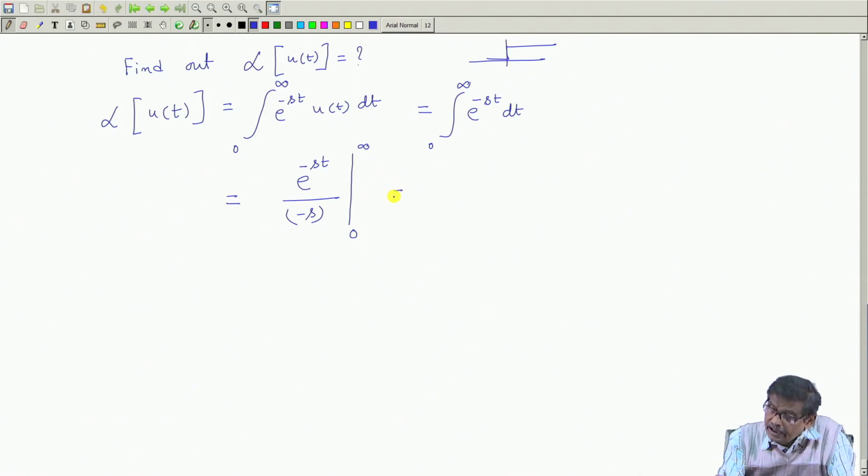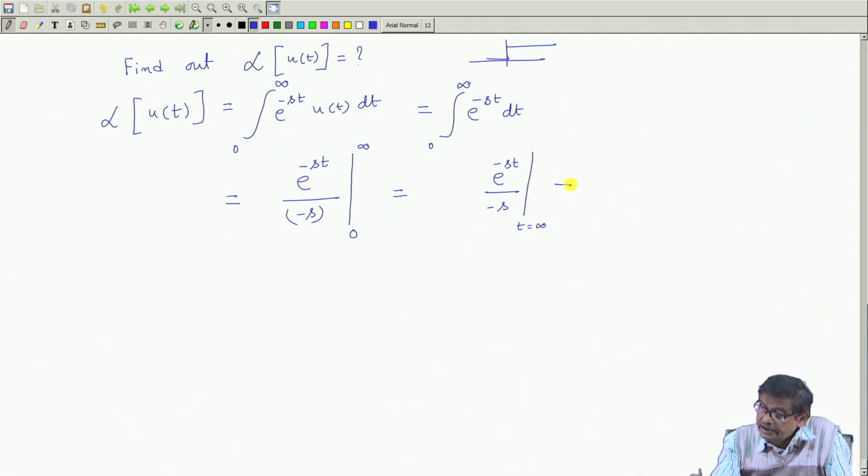Now, that means I have to find out the value of e to the power minus s t by minus s at t equal to infinity minus e to the power minus s t by minus s at t equal to 0. This is what I have to do.